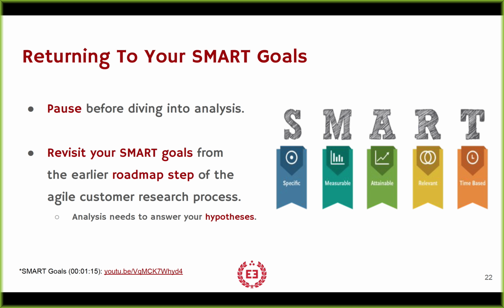Because you'll come to them, the rest of your team will say, we can increase price, and they're going, we're not going to do that. And all of that time and effort and analytics that you've done will be for nothing. So make sure that you're always focused on answering one of these hypotheses. And this is why you pause and go back to your SMART goals at this point.